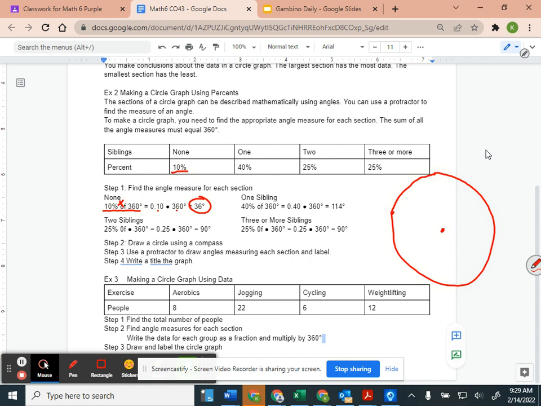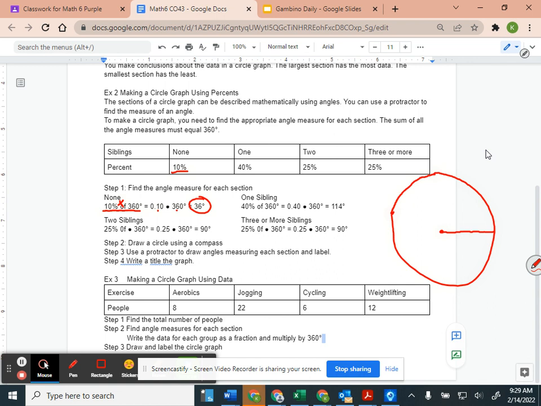Now we're going to use our protractor, and we want to draw an angle that's 36 degrees. So I'm going to put my protractor. This is hard for me to do on the smartboard. I'm going to put my protractor down, and I'm going to draw a line going straight across. I'm going to draw my first ray.